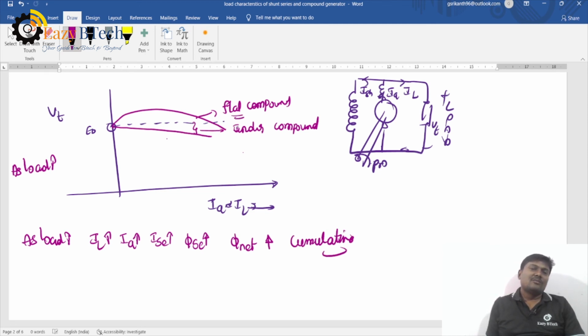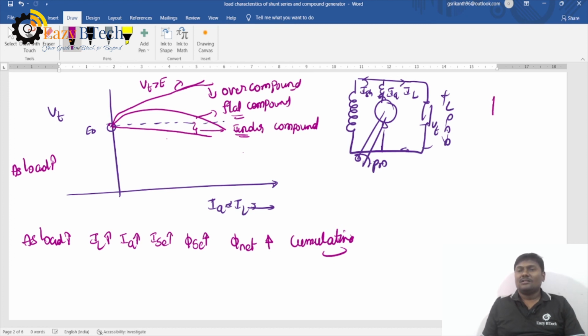So for flat compound you can observe this, and this is for the under compound. If you take an over compound, it will increase like this. This is the Vt versus Ia curve for over compound.